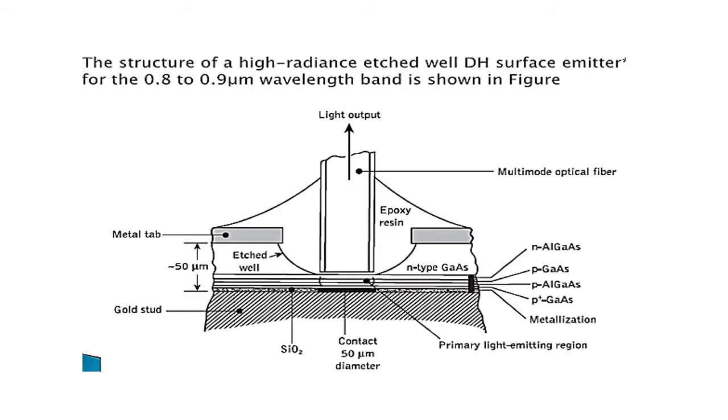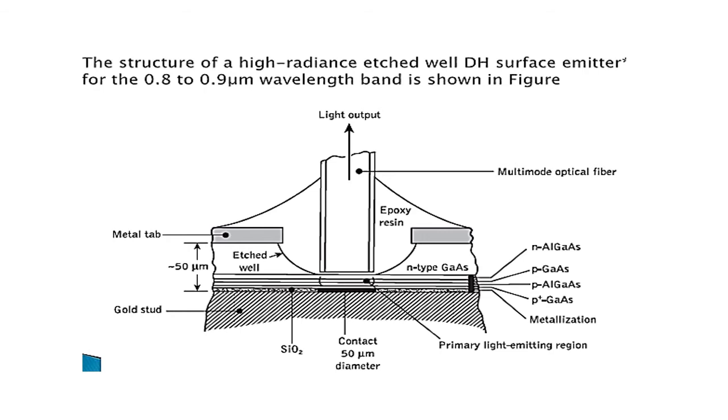So this is the structure of the high radiance, etched well double heterostructure surface emitter for the 0.8 to 0.9 micrometer wavelength. In this, the internal absorption in the device will be very low due to the larger band gap confining layers. The reflection coefficient at the back crystal face gives good forward radiance.